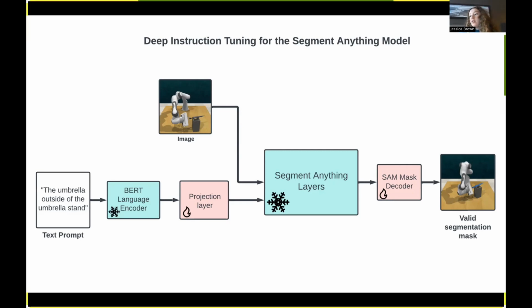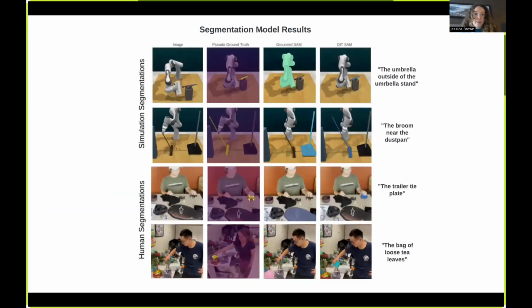You need to tune something else if you would like to leverage their superior segmentation capabilities for cases that are still out of distribution for their data. So the language encoder and the Segment Anything layers are frozen, while the projection layer between the language encoder and the SAM layers is trainable, and so is the mask decoder.